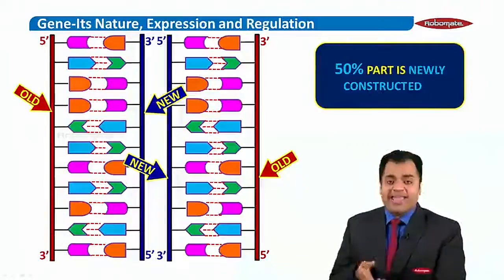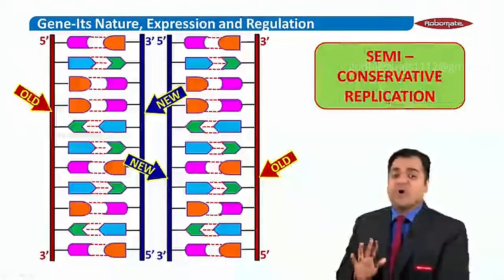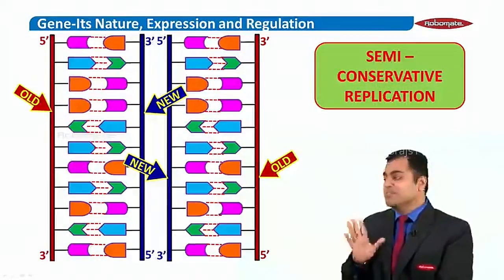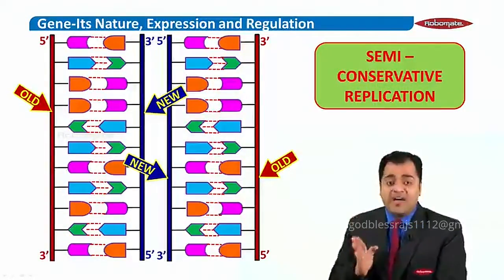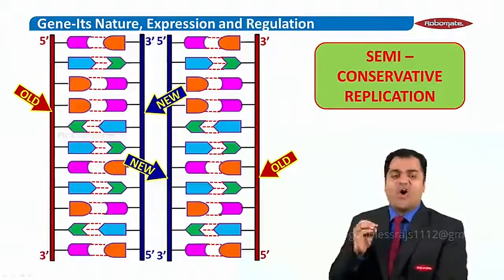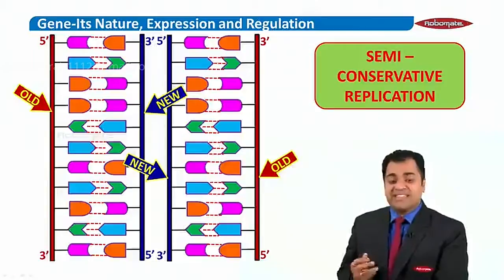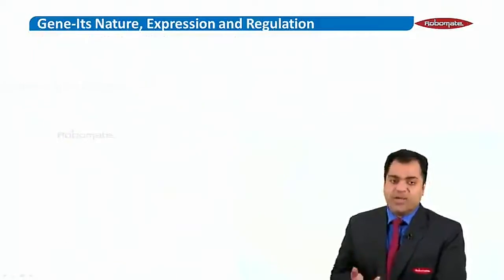And that's why replication of DNA is called semi-conservative replication. Because in both daughter DNAs, only half the strand is retained or conserved from the original parent DNA molecule. Is that okay? Yes? Moving on.